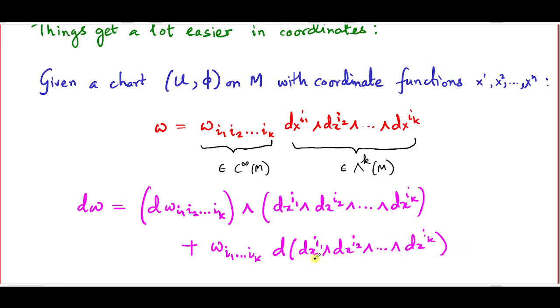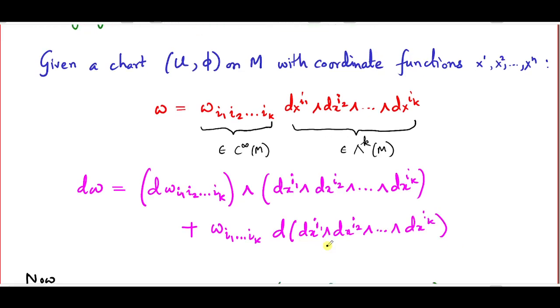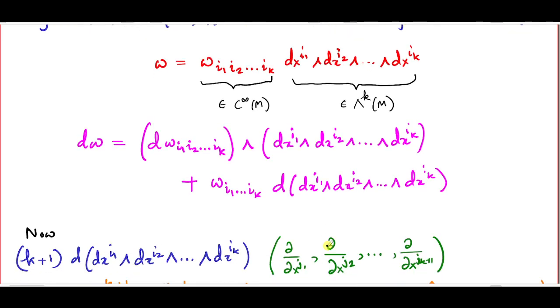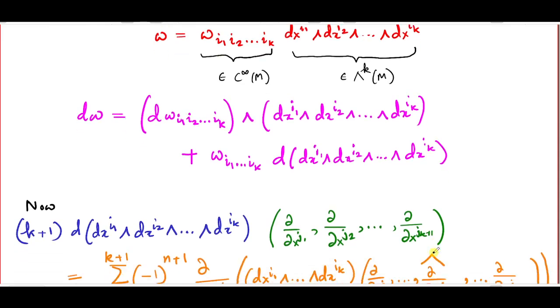Now, it is very easy to see, if you go back to the definition, that this term is going to actually vanish. To see that, all you need to do is take this d of this k form, feed it k plus 1 coordinate differential vector fields as arguments, and then just use the definition.